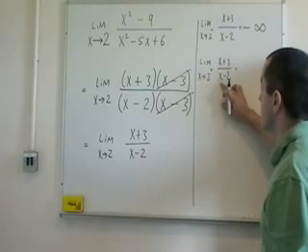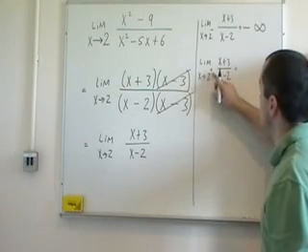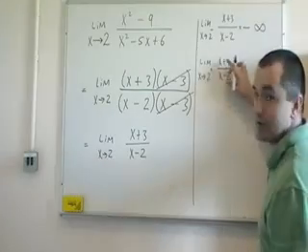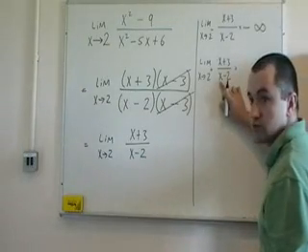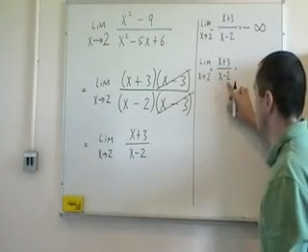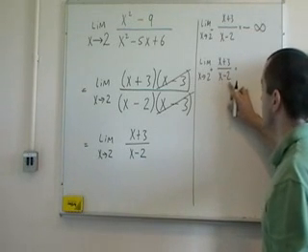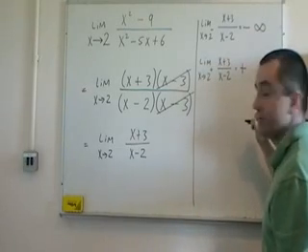Similarly here, we're going to take numbers slightly bigger than 2 this time. If the number is slightly bigger than 2, again on top you've got roughly 5, a little bit bigger than 5. But on the bottom, if you have a number slightly bigger than 2 and you subtract 2 from it, it will be positive. So you'll have a positive divided by a positive, which will be positive.